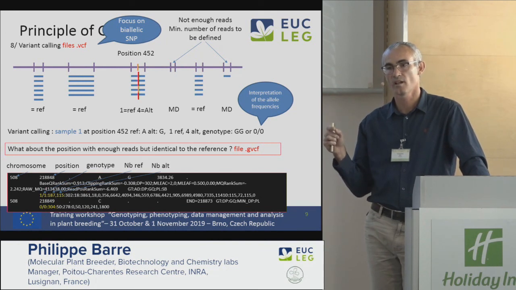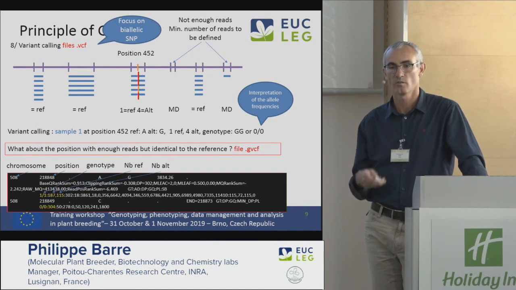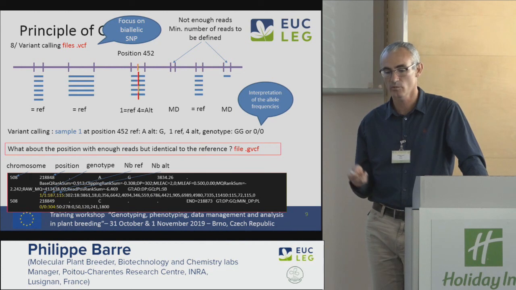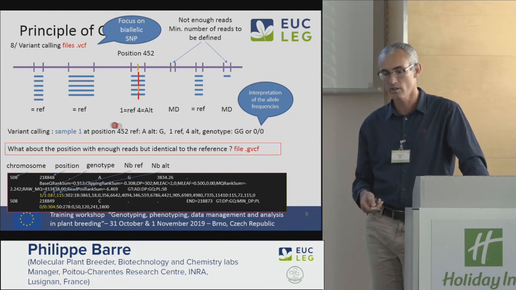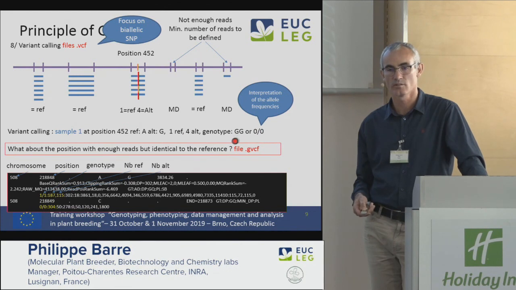And this has to be carefully done with a geneticist to know what kind of information, how do you interpret, when do you decide it's homozygous. Here you see I have 1 against 4, and I decide it's a GG, it's homozygous.